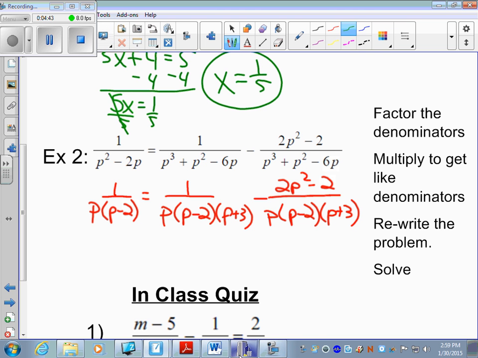I currently have a p in all of the denominators. I have a p minus 2 in all of the denominators. But I do not have a p plus 3 in all of them. I have it in these two, and you get the third one. So I multiply the first fraction by p plus 3 divided by p plus 3.